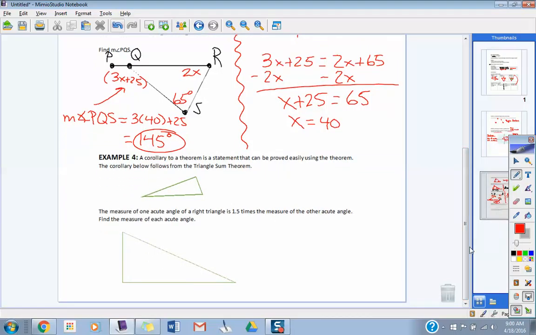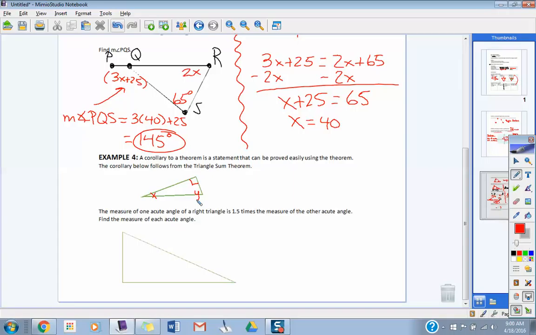Well, the last couple things right here are pretty simple then. A corollary to a theorem is a statement that can be proved easily using the theorem. It says the corollary below follows from the triangle sum theorem. Here's the deal. If I have a right triangle, and I call this angle x down here and angle y, this corollary involves right triangles.